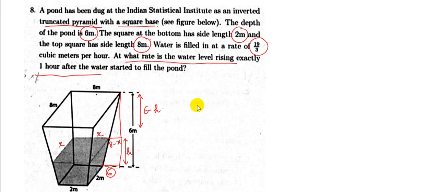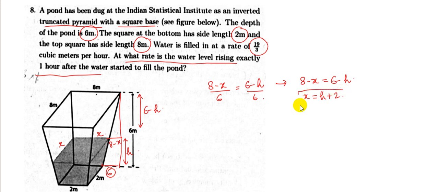By similarity of triangles we can write (8 minus x) upon 6 is equal to (6 minus h) upon 6, which gives us 8 minus x equal to 6 minus h, or x is equal to h plus 2. So this is the relationship between x and h.